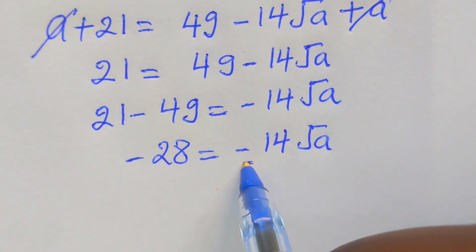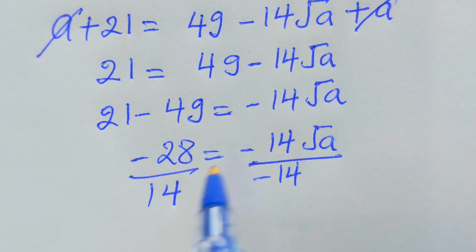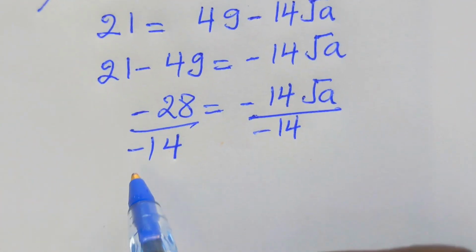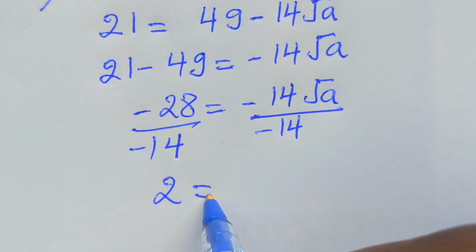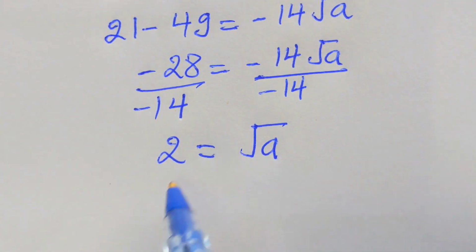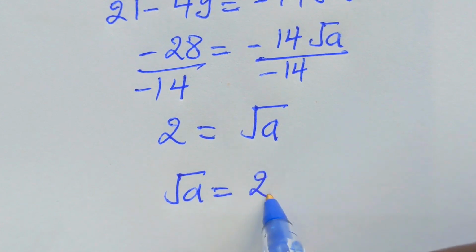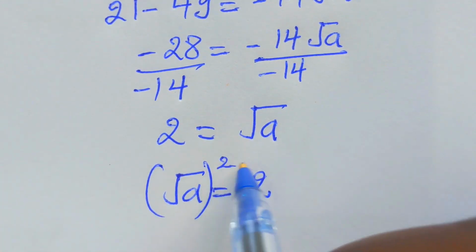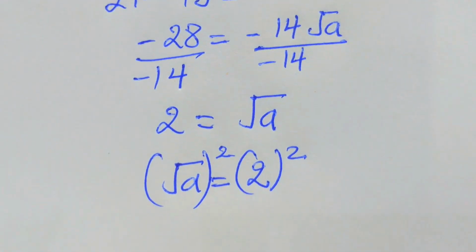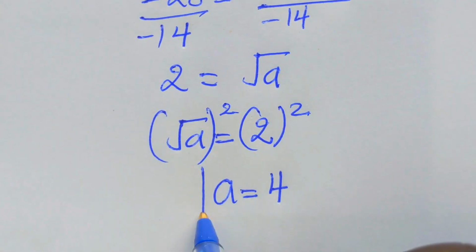We divide by negative 14 on both sides and get 2 equals the square root of a. We can write the square root of a equals 2, then square both sides to get a equals 4.